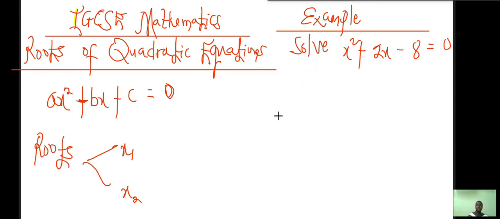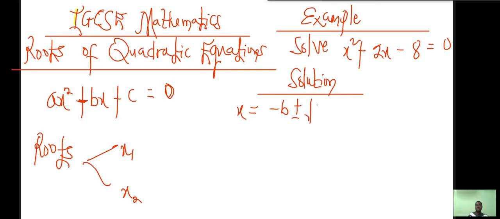I'll be using the quadratic formula to solve the quadratic equation shown. The quadratic formula states that x equals negative b plus or minus square root of b squared minus 4ac, all divided by 2a.